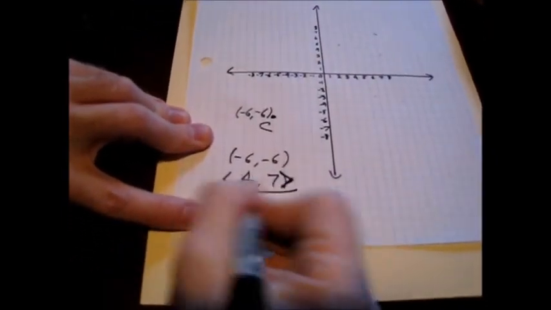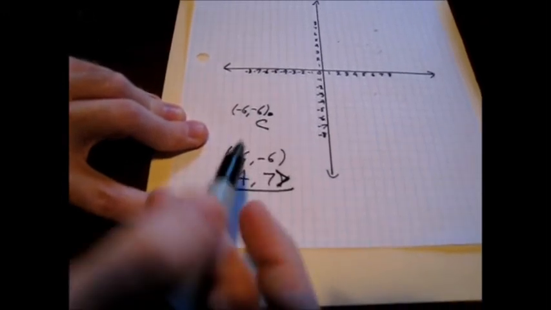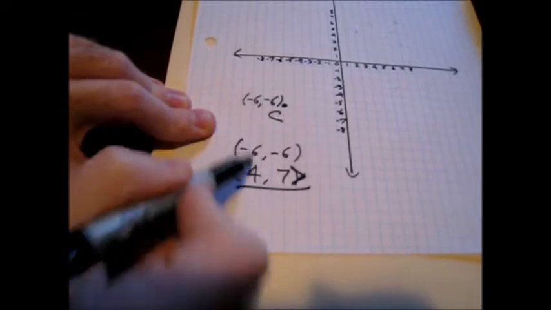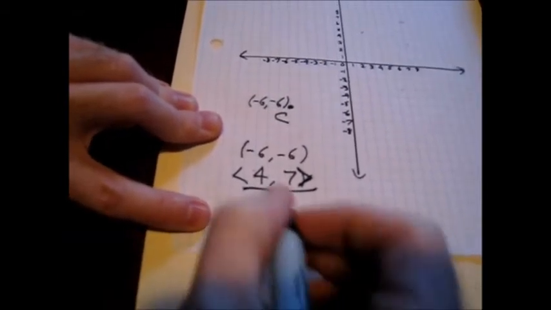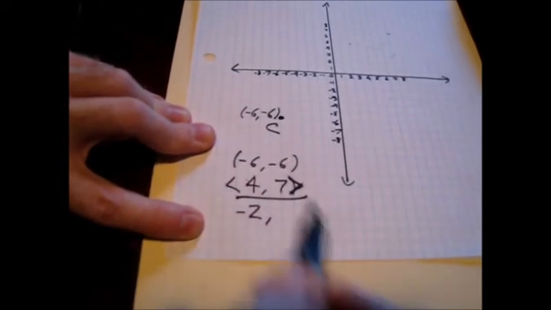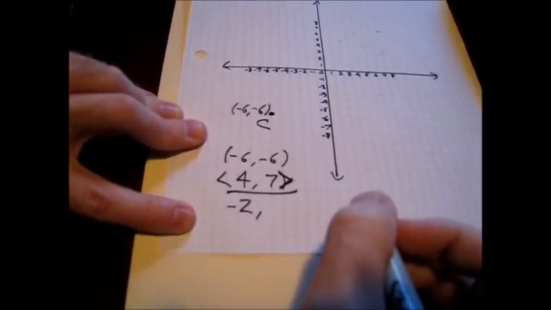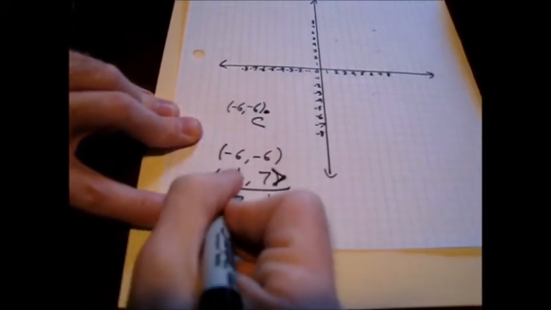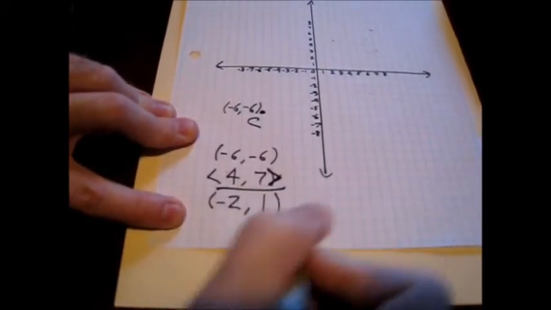Alright. So like we did last time, let's add our coordinates to our vector. The -6 plus 4 gives us -2. And the -6 and the 7 give us +1. We've got the comma between them, and we make this into a set of coordinates.